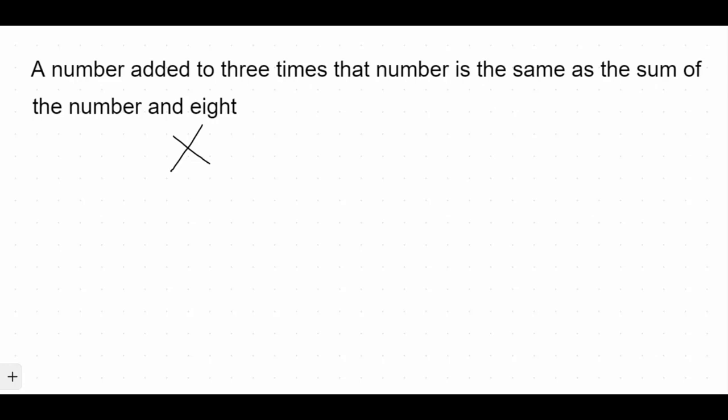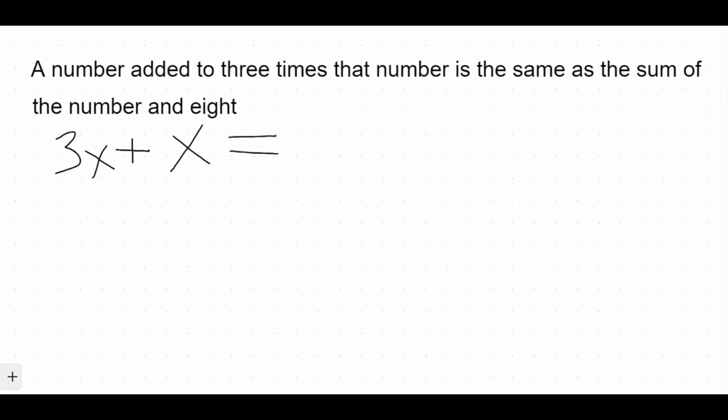So I'm going to add this X to something. So if I'm going to add it to something, it means that I have to have something, right? A number added to 3 times that number. So 3 times that number. So if I have 3 times the number, that means I have 3 times that X. So I have this X here, and I'm going to add it to 3 times that X. And it says that this is the same as. So if it's the same as, that's just another way of saying that it equals.